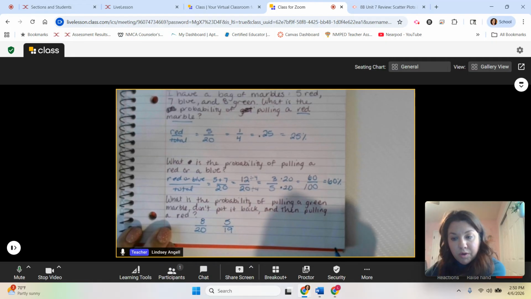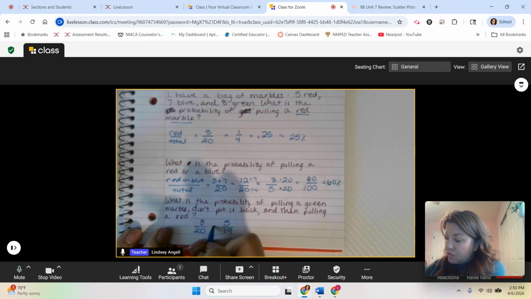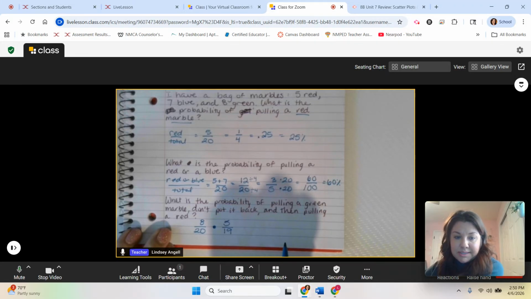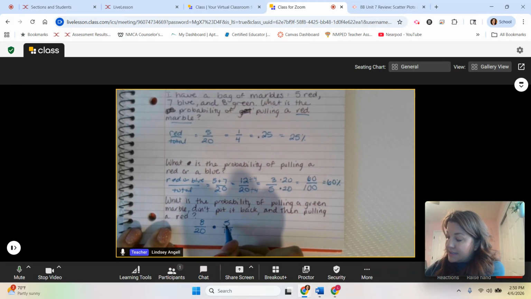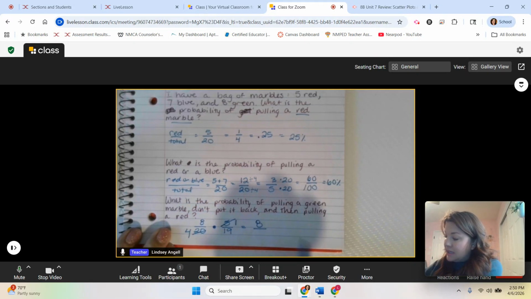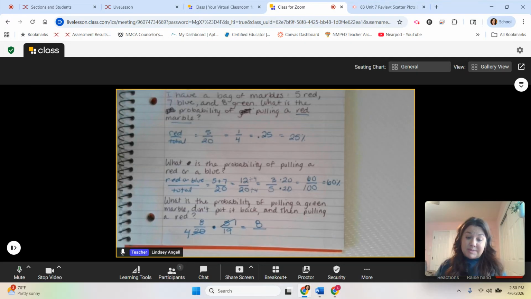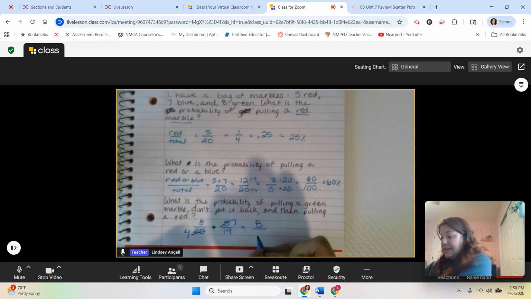When you are finding compound events, you multiply the probabilities together. I noticed right away that the 20 and the 5 can reduce: 5 divided by 5 is 1, 20 divided by 5 is 4. So now I can do 8 times 1 is 8, and 4 times 19 gives me 76.